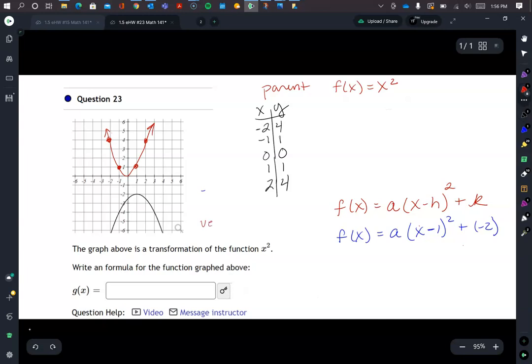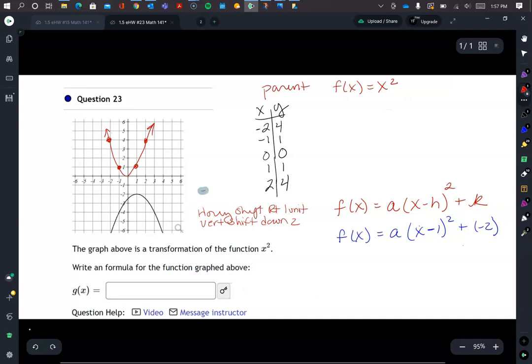So we had a vertical shift down 2 units, a horizontal shift right 1 unit.